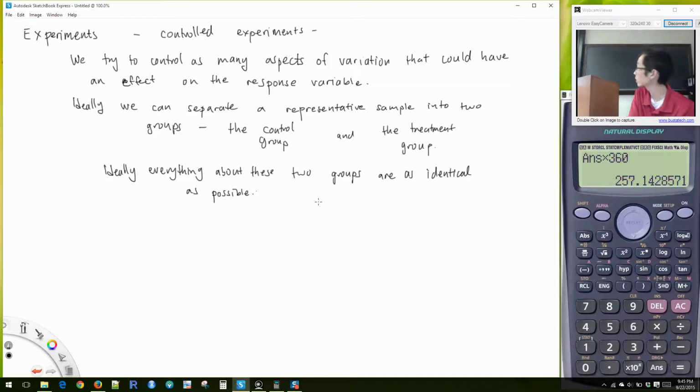Okay. The only difference between the two groups is that one group gets the treatment and one group gets the control. So for example, one group gets the experimental drug for diabetes and the other group gets a placebo.